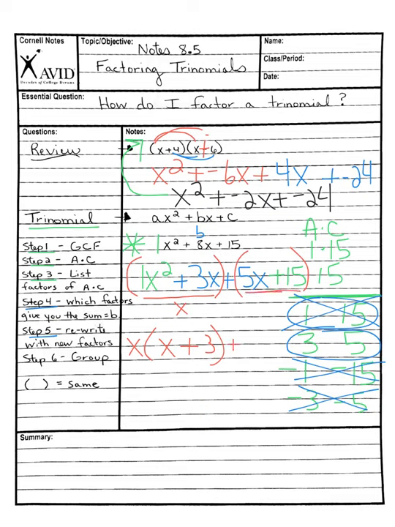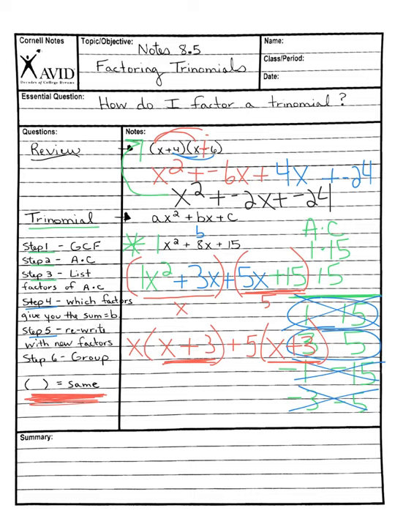What do they both have in common? They both have a 5 in common. So we're going to divide out by 5. And what are we left with? X plus 3. And what you notice over here is I said the parentheses have to be the same. Are my parentheses the same? Yes, they are.